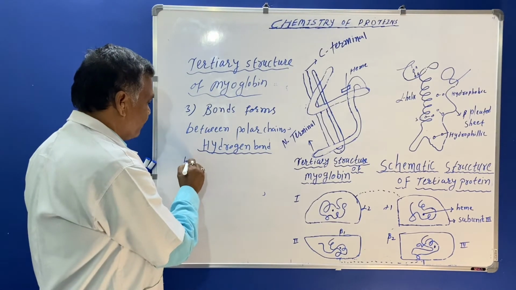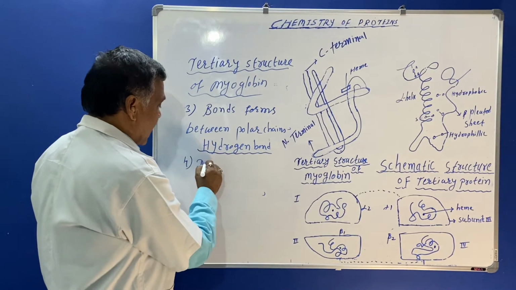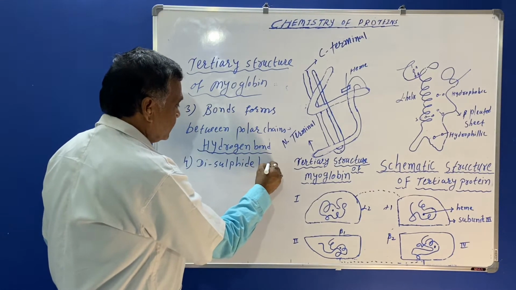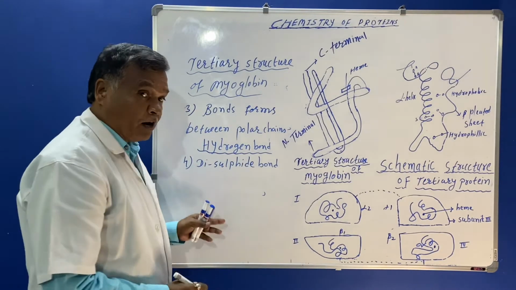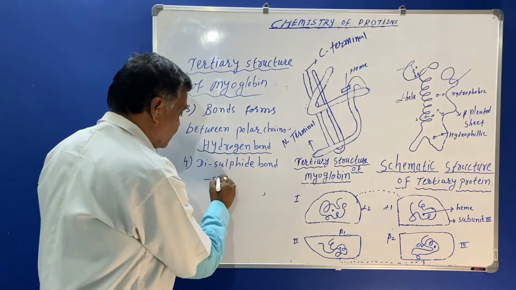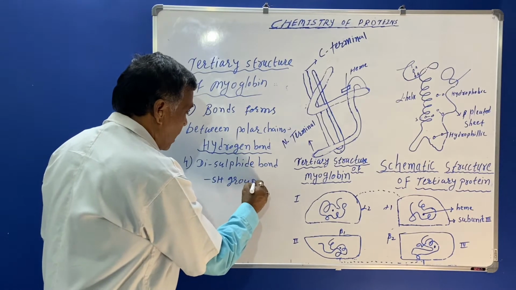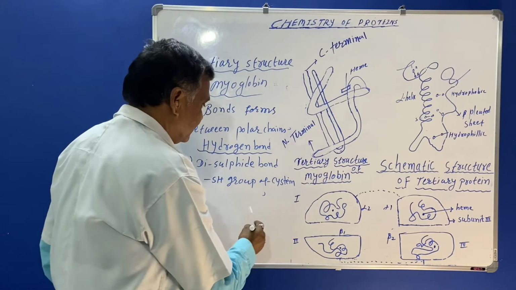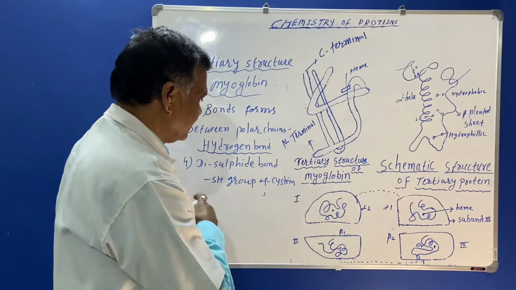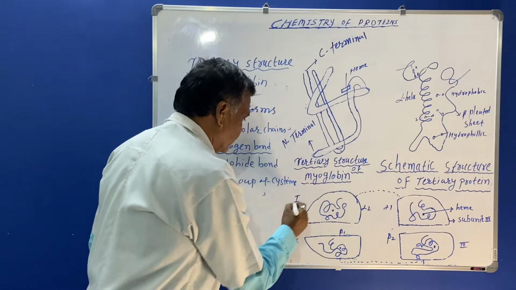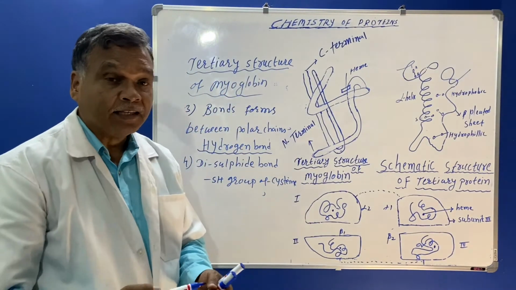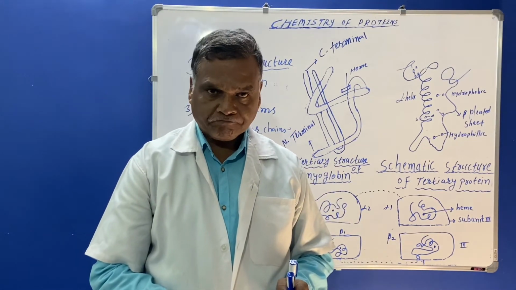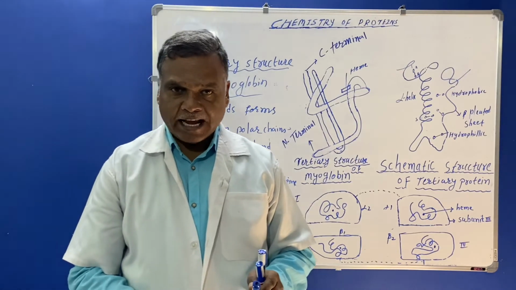And the fourth one is the disulfide bond. It means the bond will take place between the SH group of cysteine. We have seen the SH group in insulin, where 2 polypeptides were reported by Frederick Sanger.